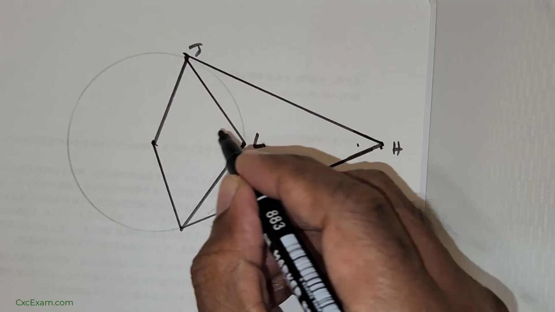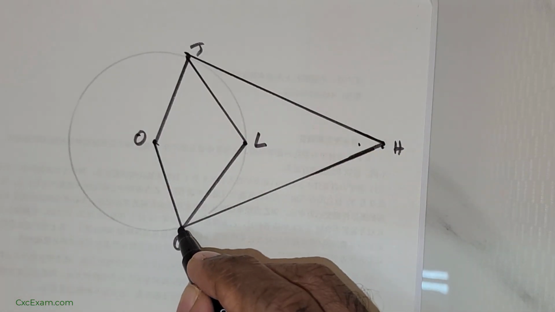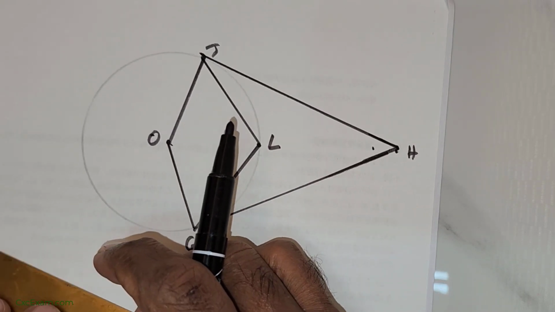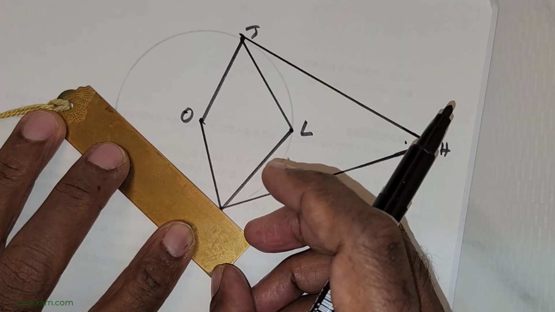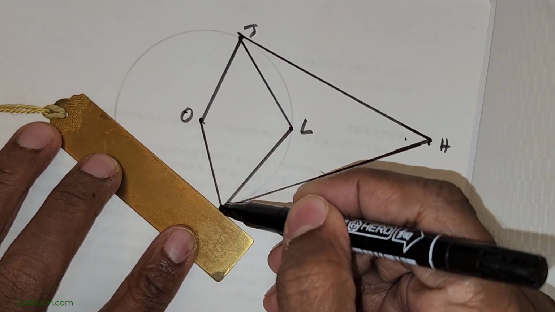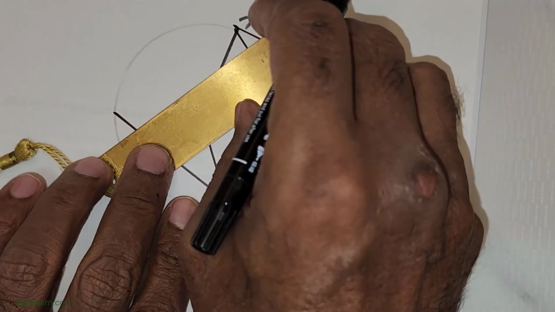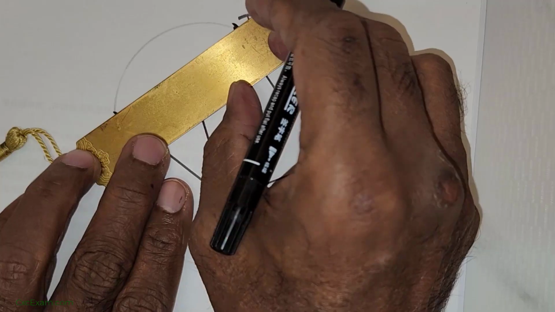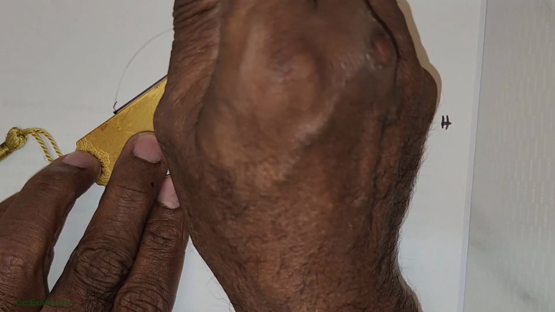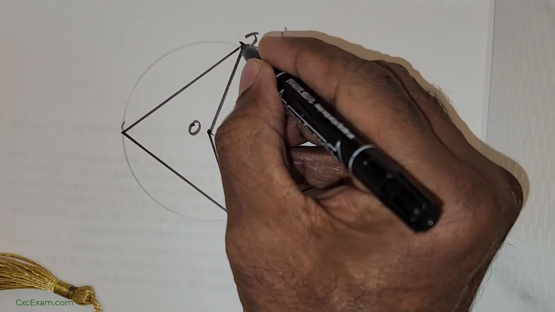And this is L, this is O, this is G. And there is a hit also here. Figure is not to scale, so you have to visualize it.